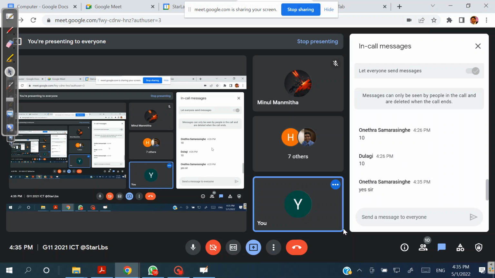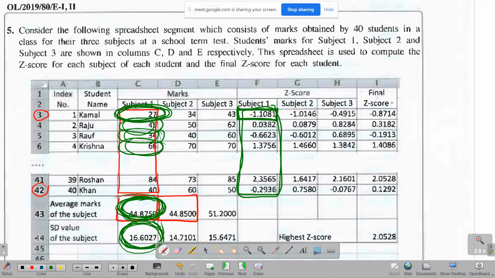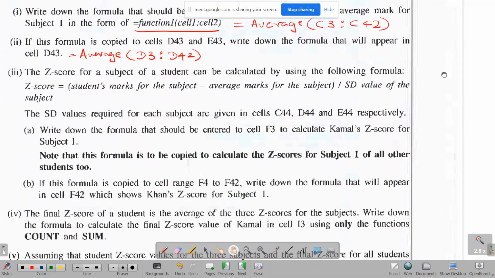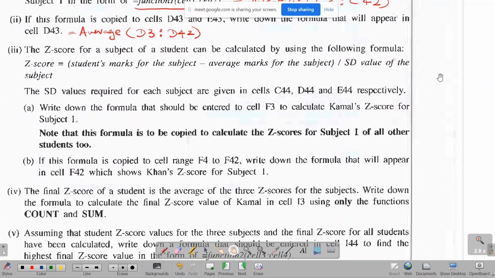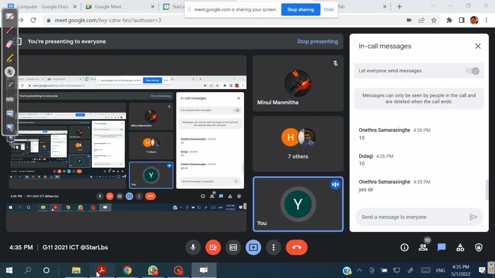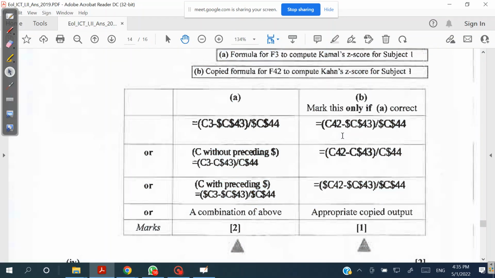Right. Okay. So the next question that they are asking is, if the formula is copied to the cell range F4 to F42, write down the formula that will appear in cell F42, which shows Khan's Z score for subject 1. So Khan's Z score will change accordingly.